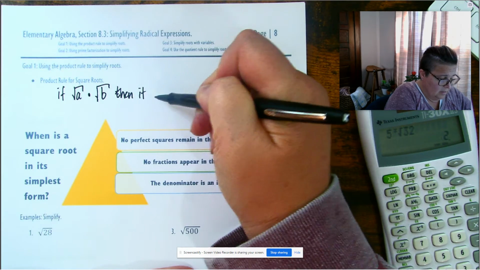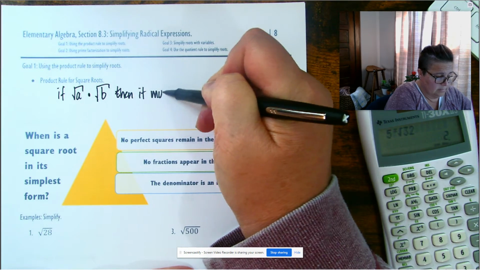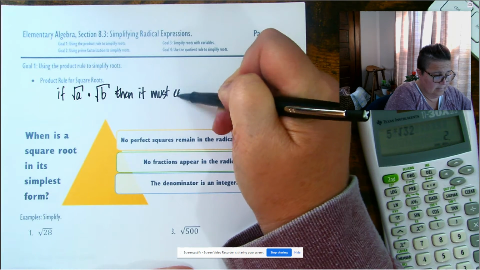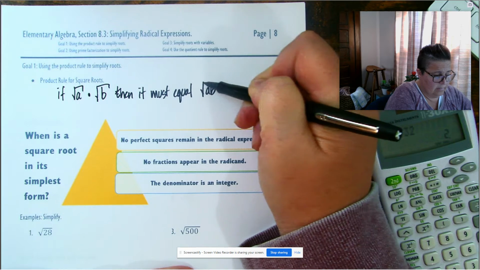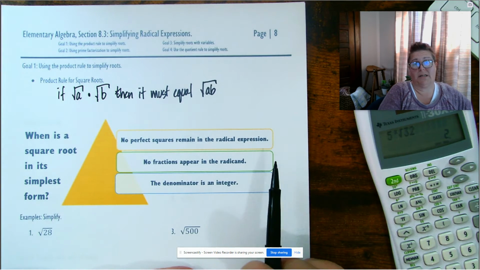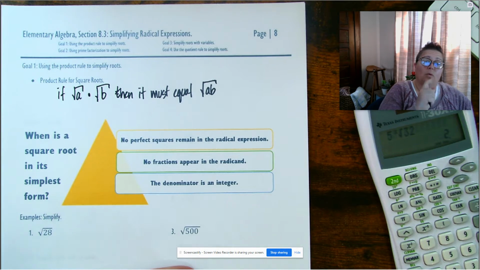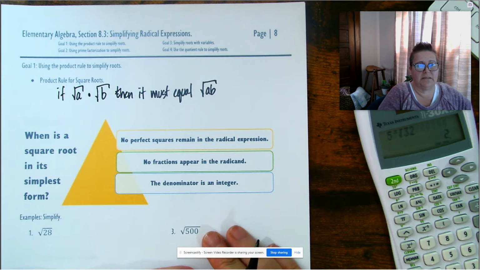It has to equal the square root of the product. So we're going to be using this little fact, which we kind of already did last time. In this section right now, we use it a lot. We're going to use it throughout this. So we're going to use it to simplify our square roots.